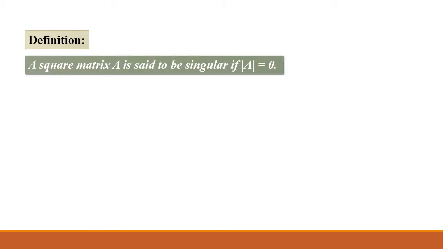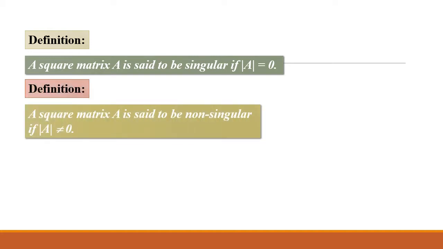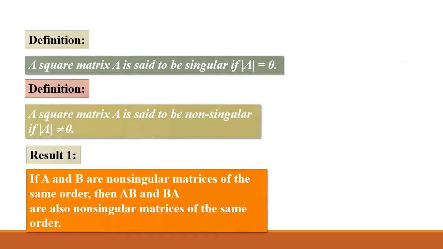Definition: a square matrix A is said to be a singular matrix if determinant of A is equal to 0. Next, a square matrix A is said to be non-singular if determinant of A is not equal to 0. If A and B are non-singular matrices of the same order, then A into B and B into A are also non-singular matrices of the same order.